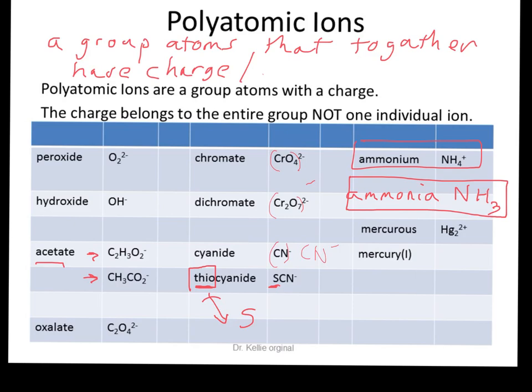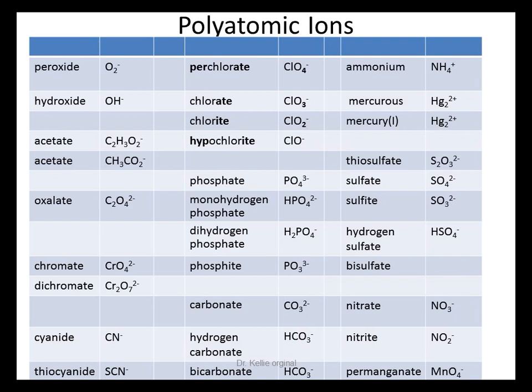However, if we look at this next chart, we see another group of polyatomic ions, and these polyatomic ions contain some oxyanions. I want to focus real quickly on these polyatomic ions.